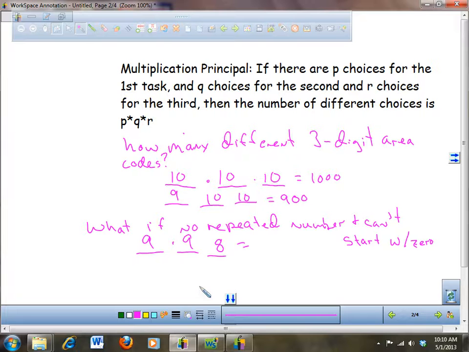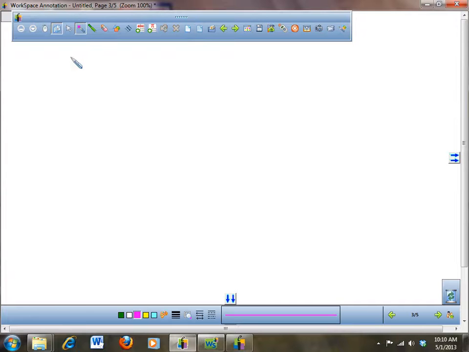Then ways to arrange things on a shelf. So then you'll see problems like this.